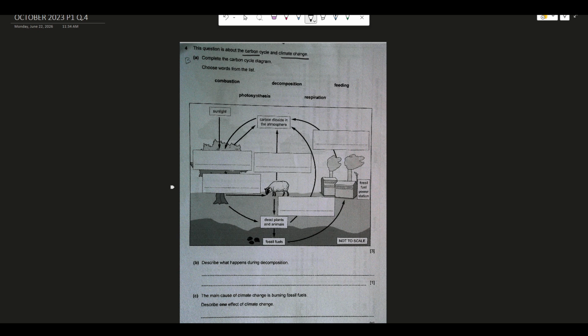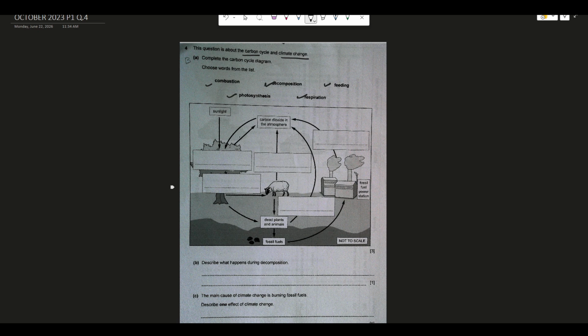Pay attention to the words: combustion, decomposition, feeding, photosynthesis, and respiration. These 5 words you have to put in this diagram.